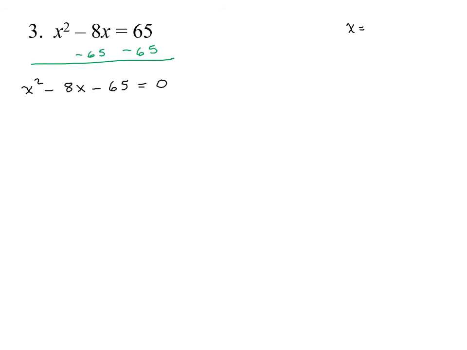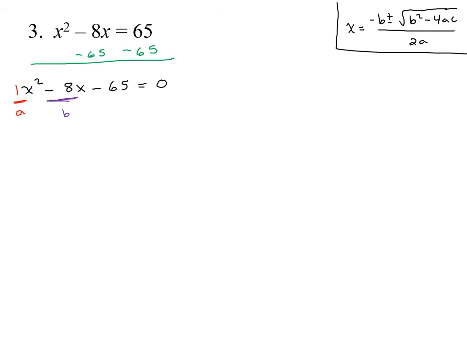So again, using the same formula, opposite of b plus or minus the square root of b squared minus 4ac, all divided by 2 times a. Just like on the last one, my a value is the understood 1 in front of the x squared. My b value is the negative 8. My c value is negative 65.